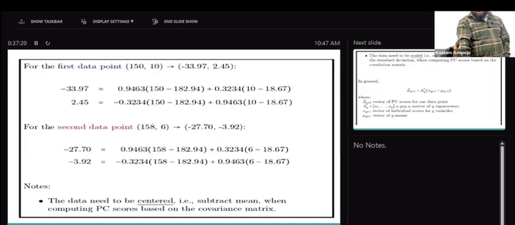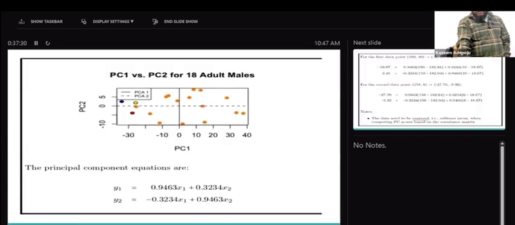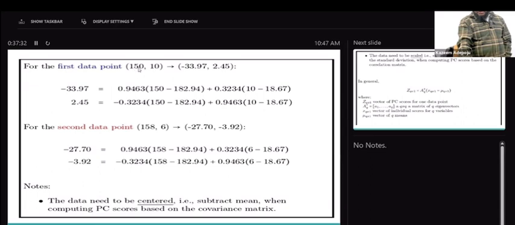If I want to make use of the two principal components now, for the first data point, if I plug in a value, say x1 equal to 150, x2 equal to 10, when I plug that in, that is what I have.